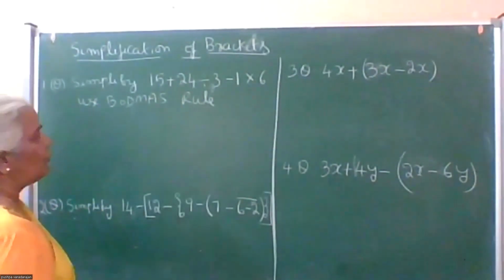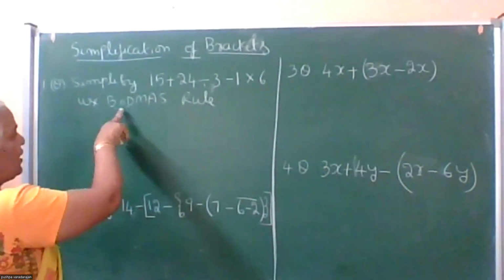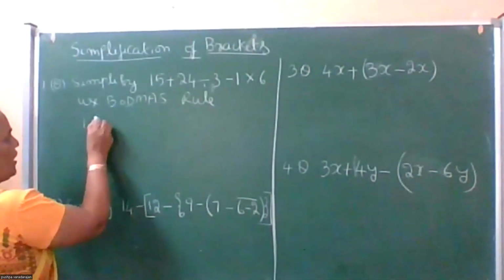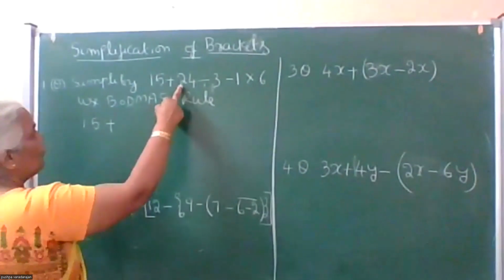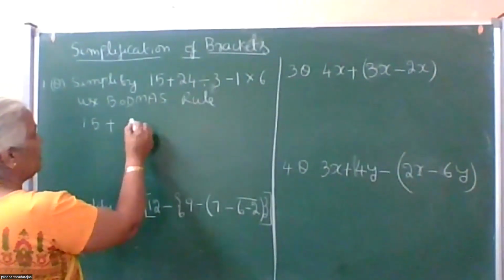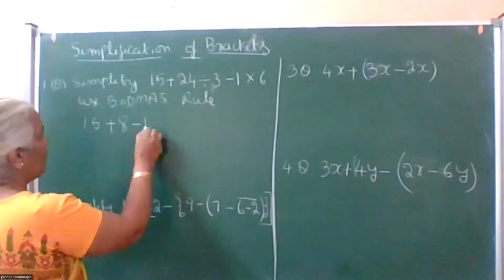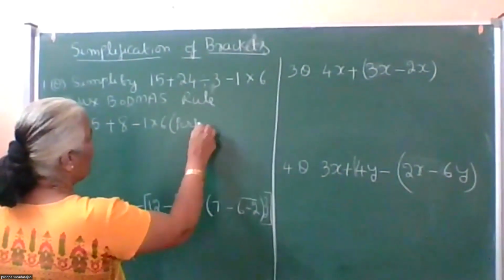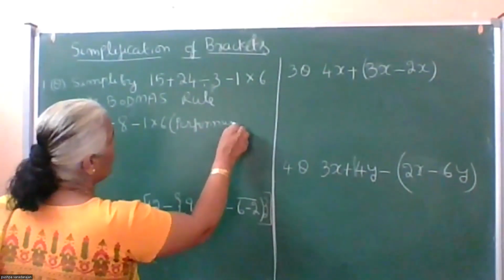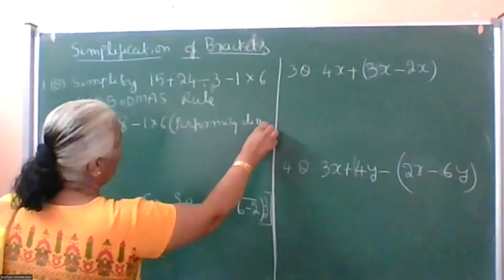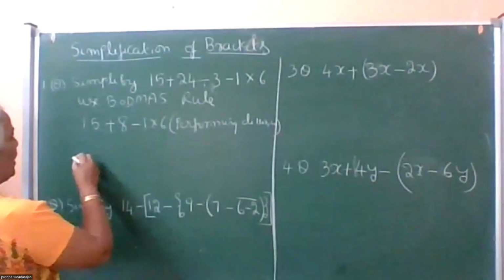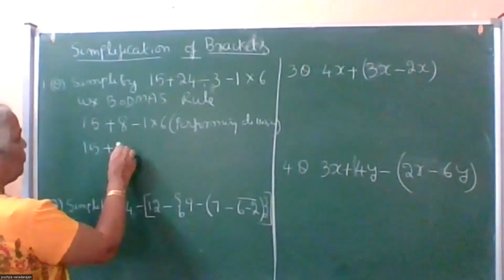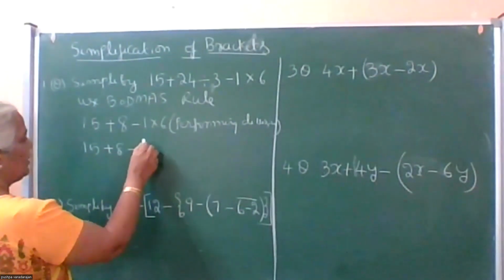First, we have to do division, and the remaining terms write as it is. 15, 24 divided by 3, 3 eights are 24, minus 1 into 6. Here we have performed division. Then after that, multiplication we have to do. 15 plus 8, minus 6 into 1 is 6.